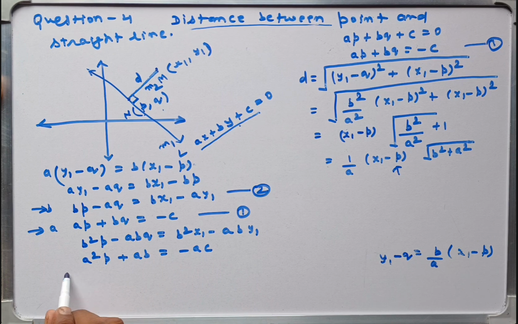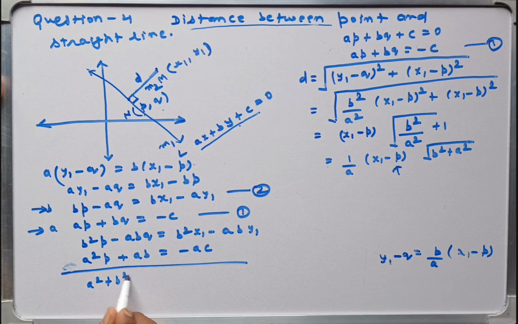Okay, so if we add both the equations, what happens, a square plus b square, and we can take p common, the q term will be 0, and this will come b square x1 minus ab y1 minus ac.